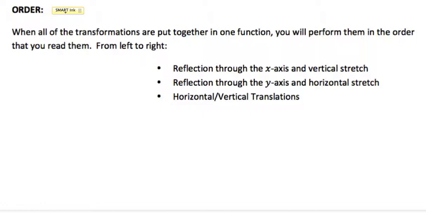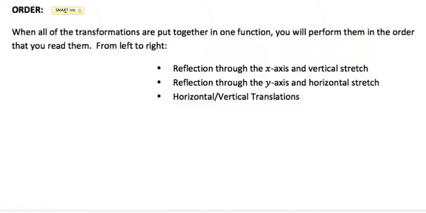Now, sometimes that's hard to remember. If that's hard for you to remember, the easiest way to remember the order is remember how you read in English here in North America. In English, we read from left to right. So you will perform the operations in the order that you see them, from left to right.